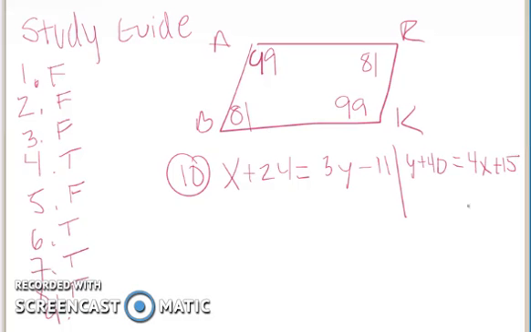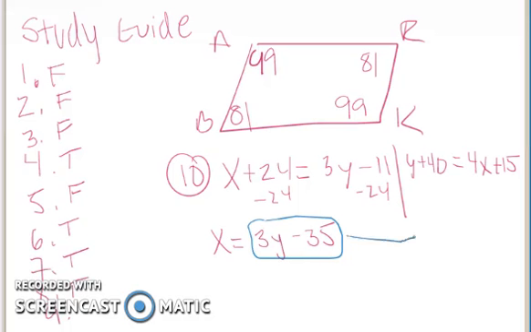Your best bet is to solve one of these for a variable, and I'm going to do that with the x. So I'm going to subtract 24, and we get x equals 3y minus 35. Okay, and I'm going to take this piece of information, and I'm going to plug this guy right here into this equation for x.